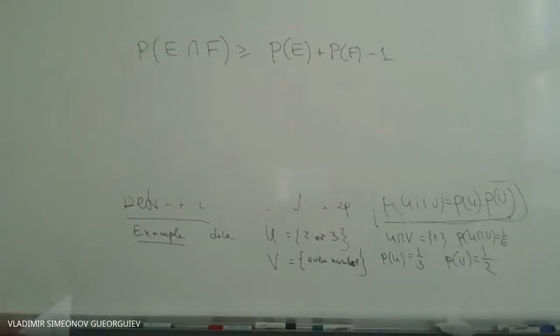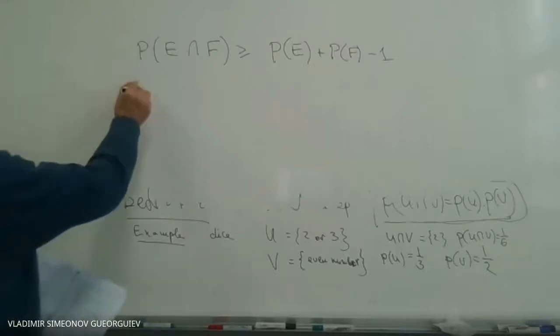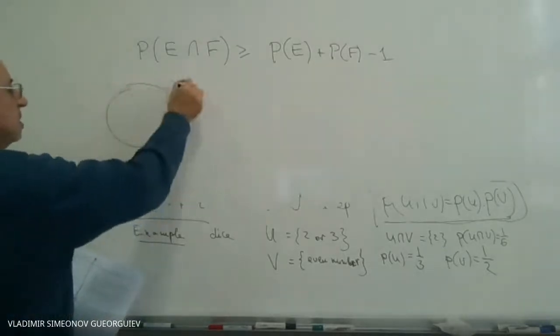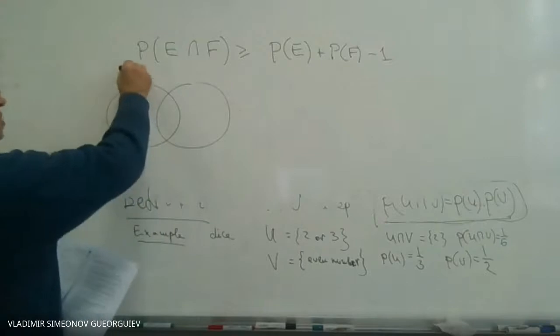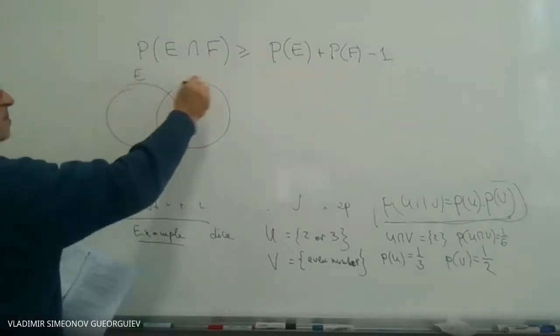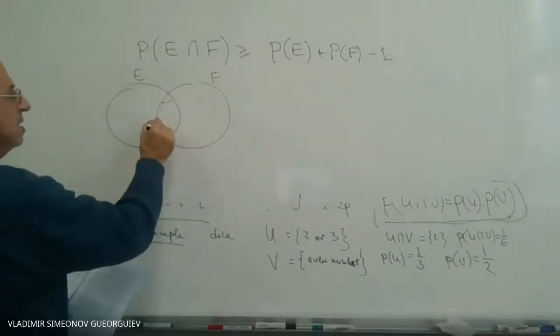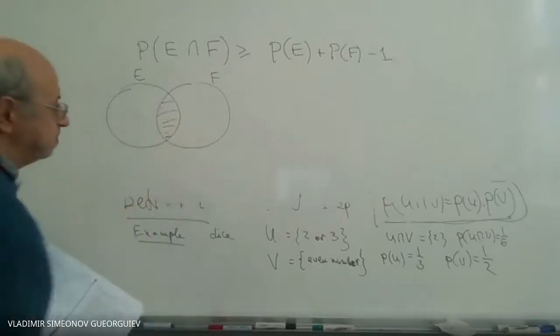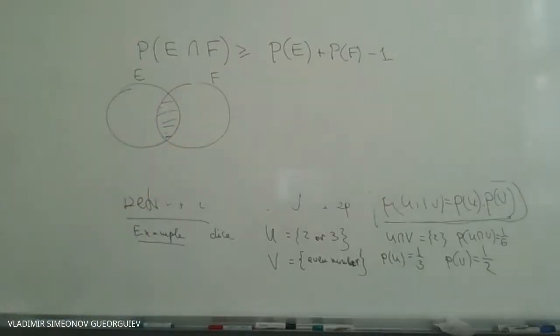So this, in some sense, is connected with the following picture. You have A, F, then this guy is the intersection. Actually, it is connected with De Morgan formulas.